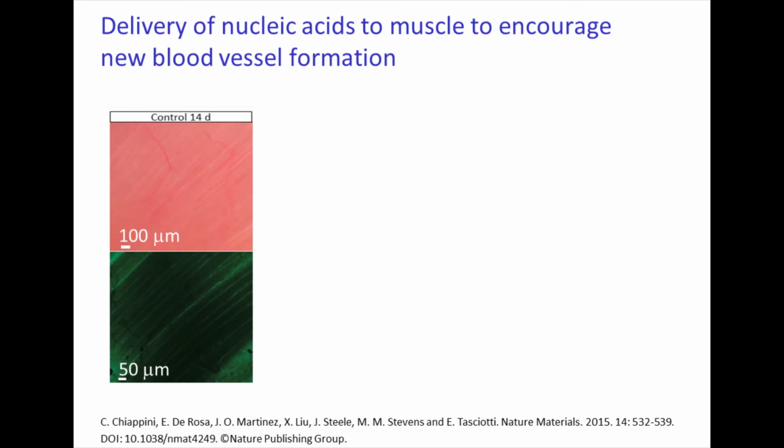And so we thought about using these needles to deliver to muscle some nucleic acids that encourage the formation of new blood vessels. This shows a control image of some muscle where we've just dropped some nucleic acids onto the surface without using our nanoneedles, and not too much happens.